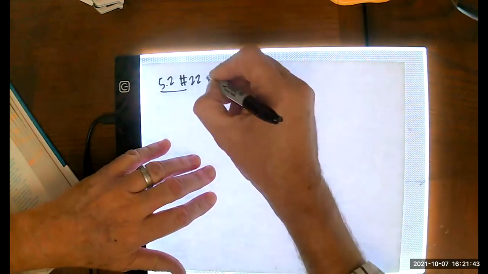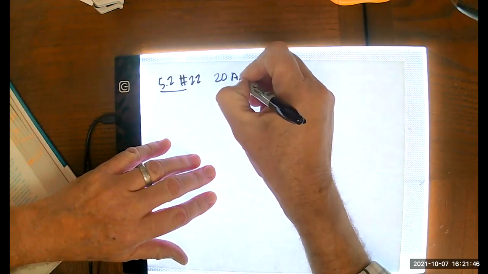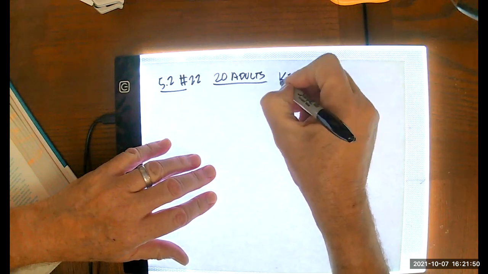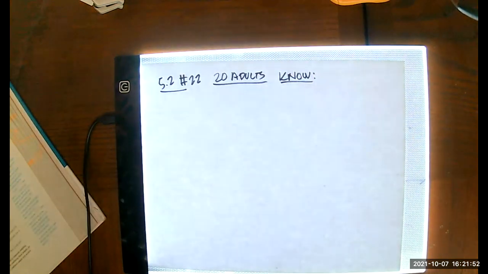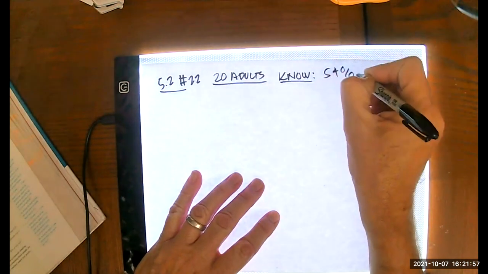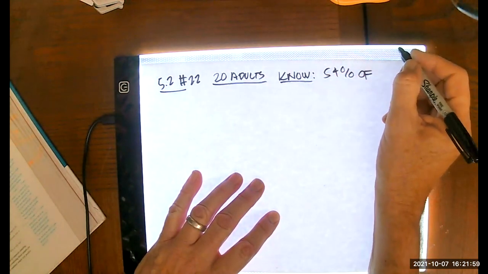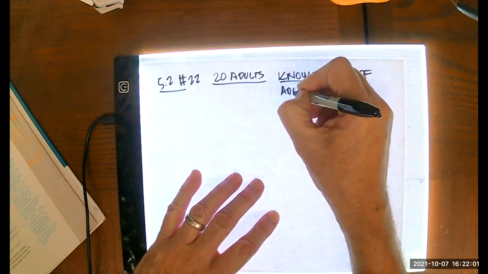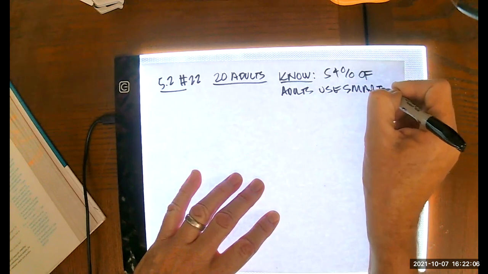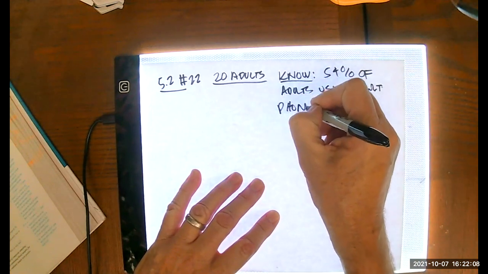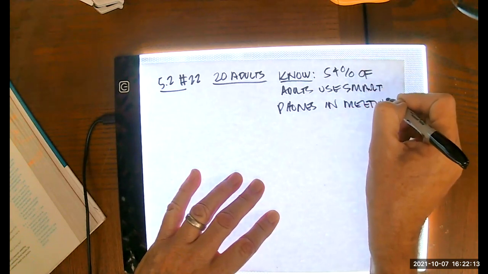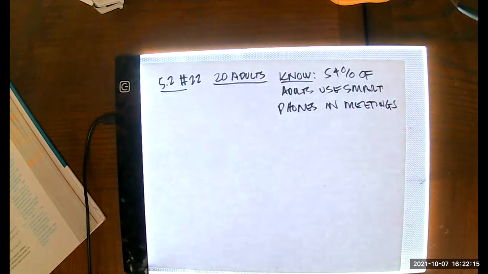For number 22, we are going to randomly select 20 adults. And we know that 54% of adults use those smartphones in meetings. These days and ages, it's kind of maybe how you connect.